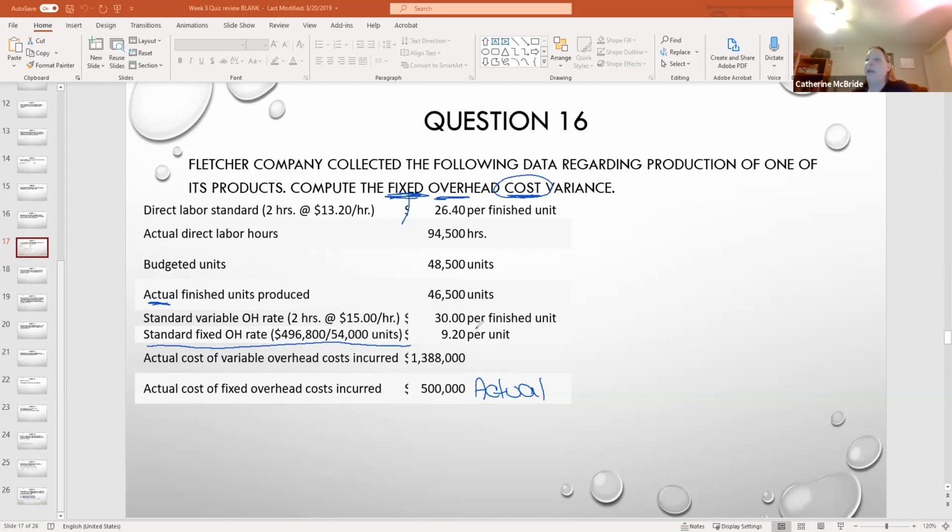So our fixed overhead rate is $9.20 per unit. We have to figure out what our budget was. We actually spent 500,000.